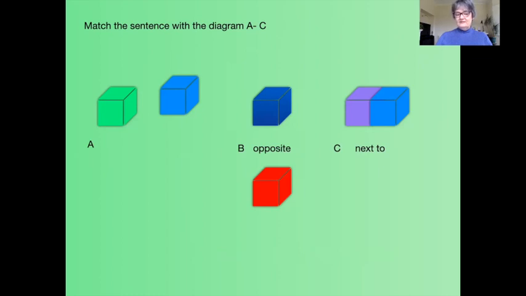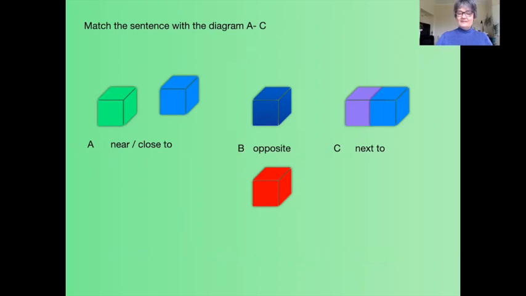Next to. And the last one, the green box is close to or near to the blue box. And that's A. The green box is close to or near to the blue box.